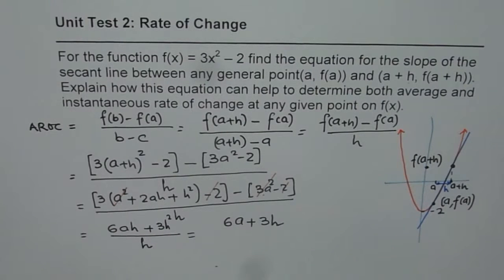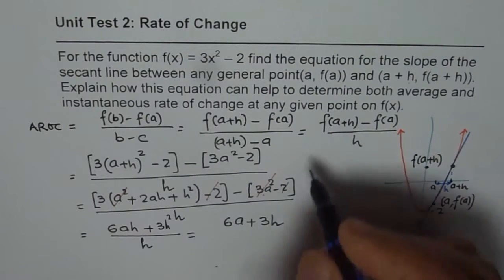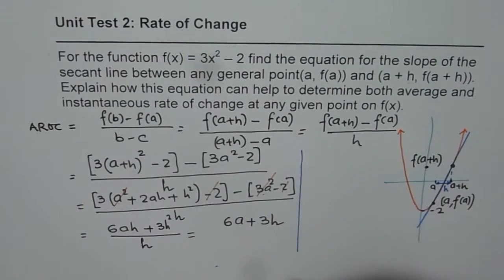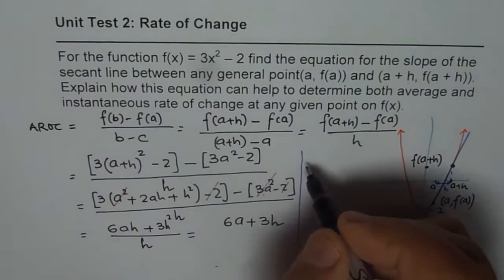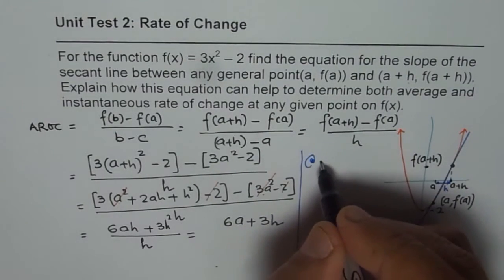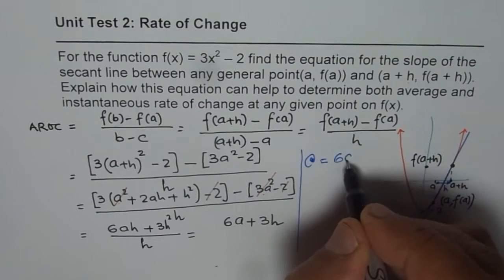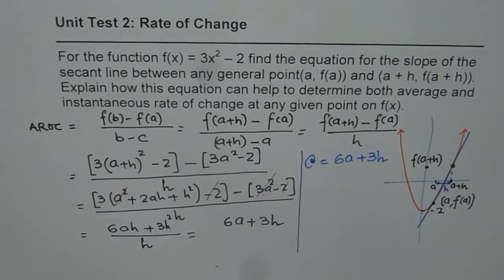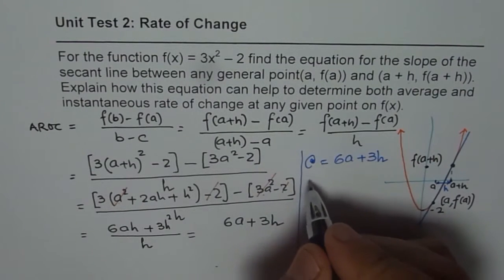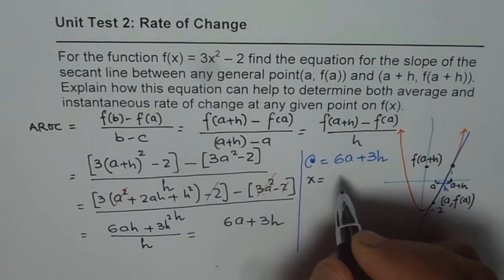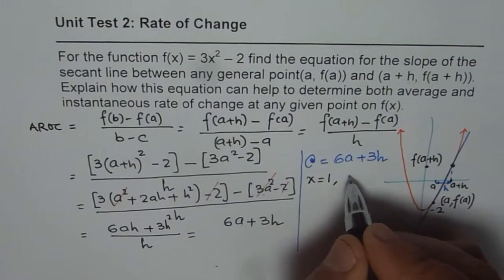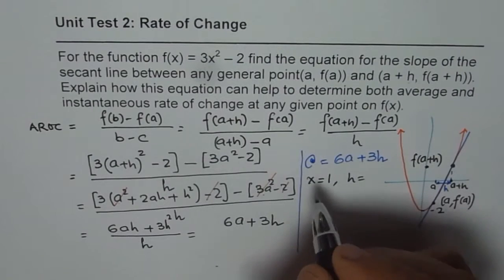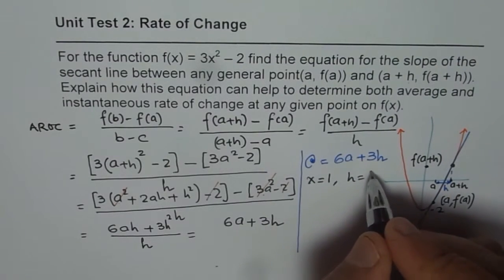Now, average is clear to you. Let me take a concrete example. So we are saying that the average rate of change equals 6a plus 3h. Correct? Now let us say the 2 points are at x equals 1, and let us say h is also 1.